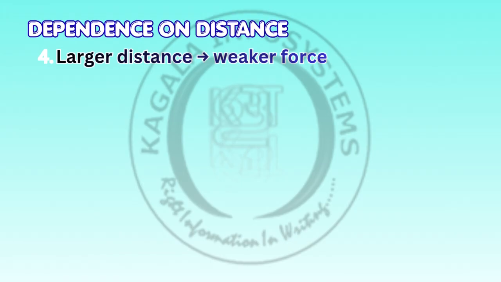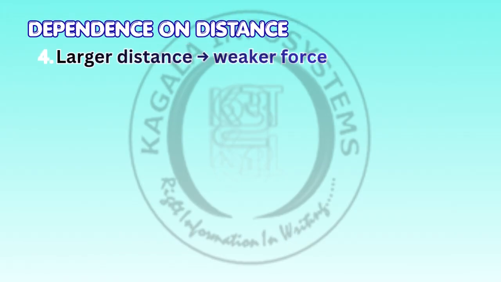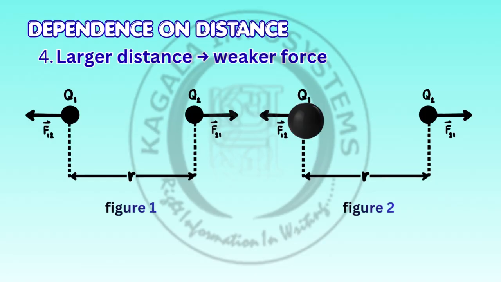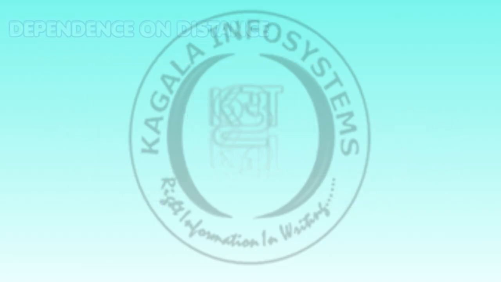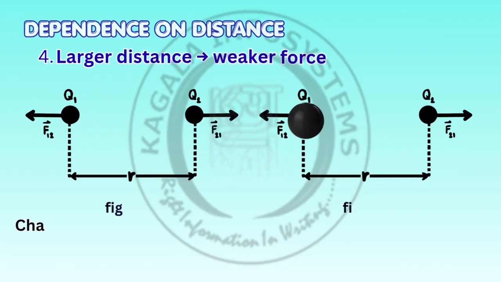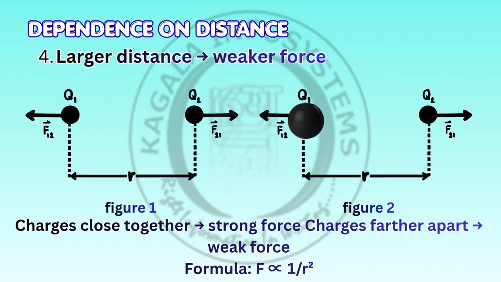Coulomb also observed something extremely important. As the distance between the charges increases, the force decreases rapidly. So here the inference was, more specifically, that the force between the interacting charges varies inversely with the square of the distance between them.